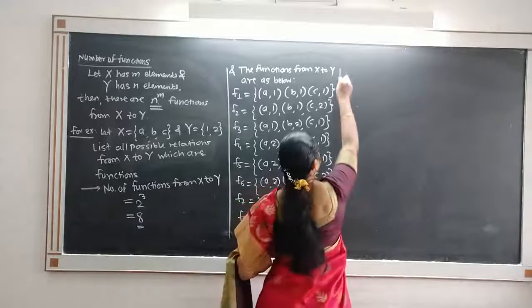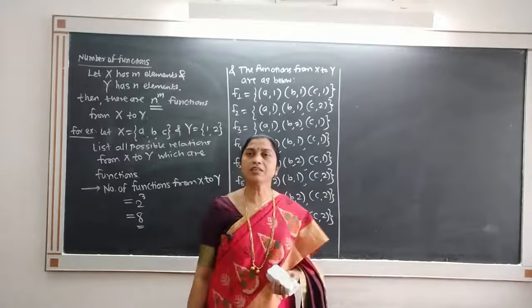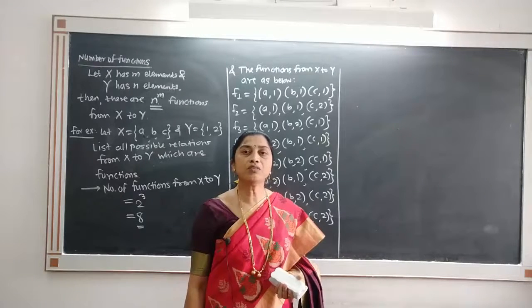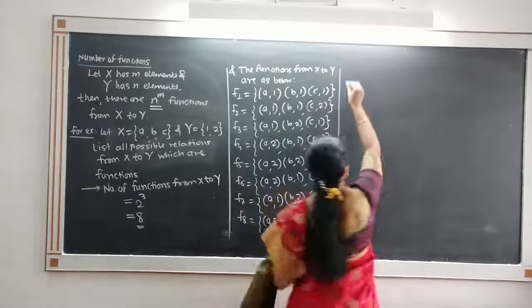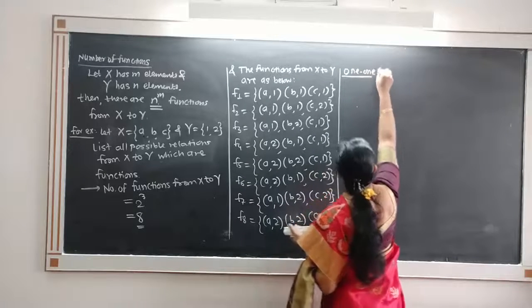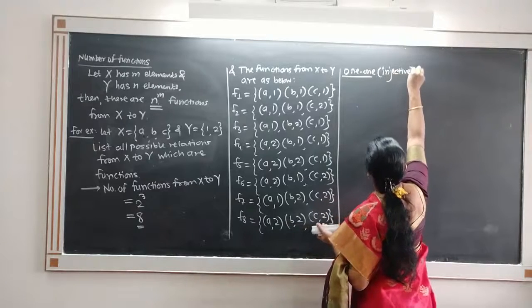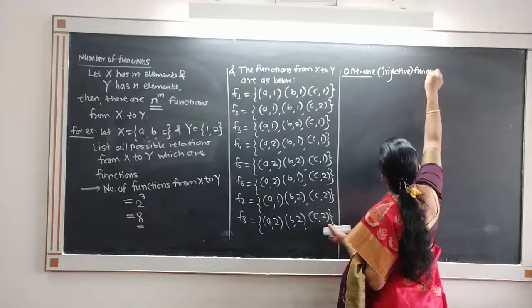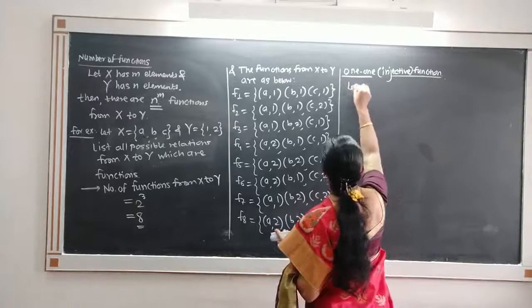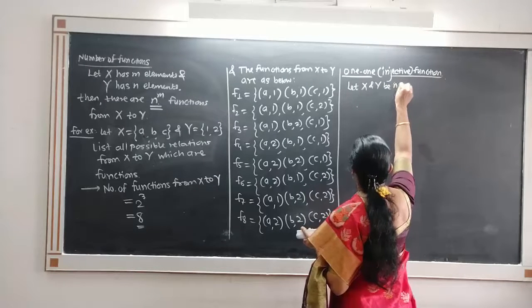Now we are going to see one important concept in function, that is types of function. The first type is known as one-one function. So what is meant by one-one? It is also known as injective function. Let x and y be non-empty sets.